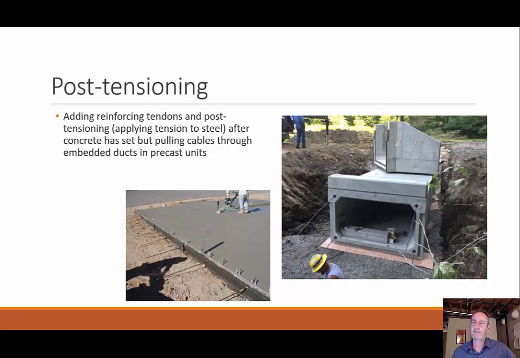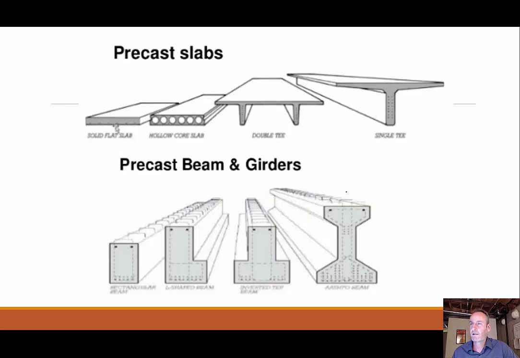The other type is post-tensioning, and basically this is leaving the hole here, putting our steel tendon through there, pulling it tight with a jack, and then locking it into place. And it's most common for double T's. You see these in parking garages all the time, or a single T, hollow core slabs, solid flat slabs, and then these various types of beams.